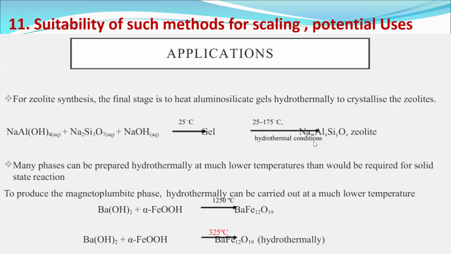Many phases can be prepared hydrothermally at much lower temperatures than would be required for solid state reaction. So to produce a magnetoplumbite phase, hydrothermal synthesis can be carried out at much lower temperatures. So based on which type of nanomaterial is required, we use the hydrothermal process or solvothermal process.